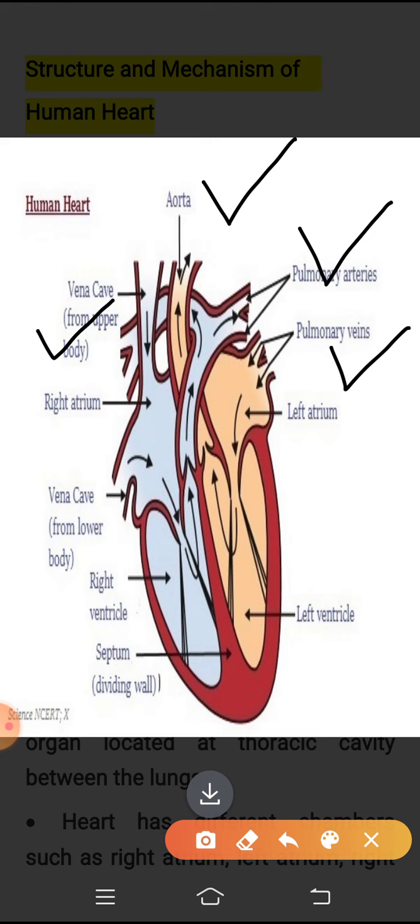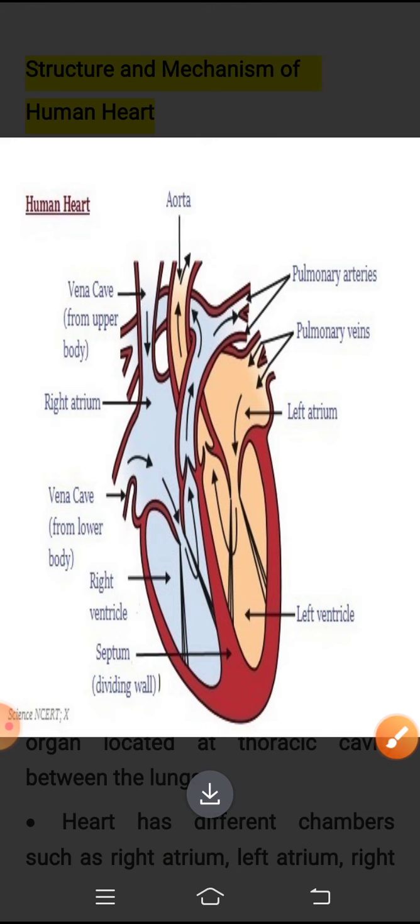This is the upper vena cava and this is the lower vena cava. And the remaining parts I have already introduced: left atrium, left ventricle, right atrium and right ventricle. So basically these are the parts of the human heart. Now I was telling you that apart from the auricles and ventricles, there are valves in the human heart.